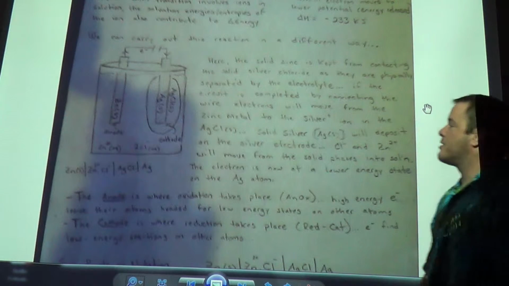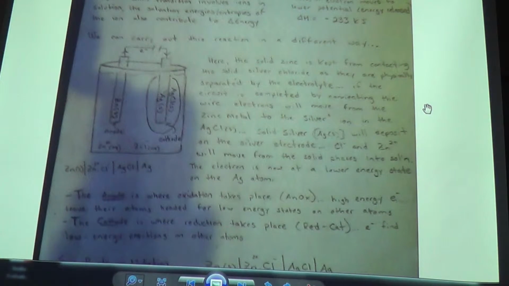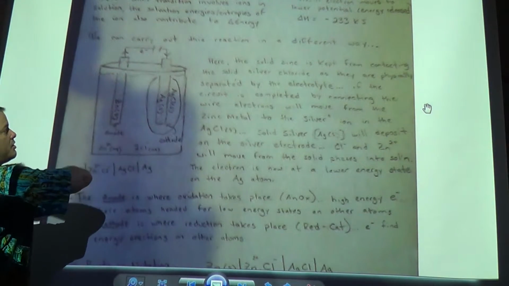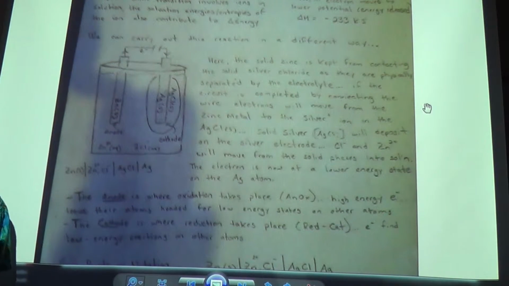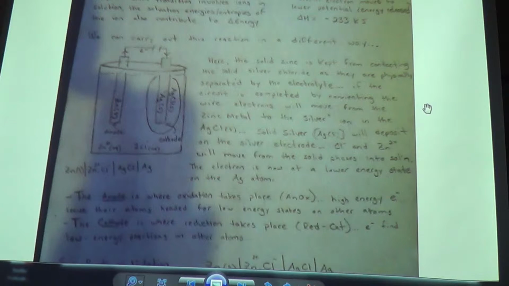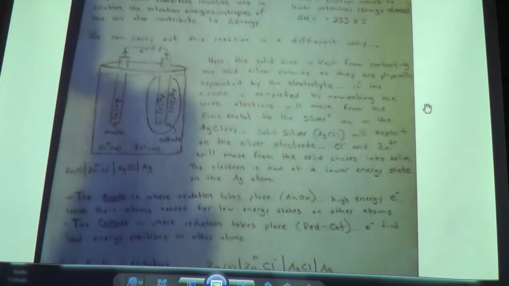So, looking back at this image that we had, we said that the zinc is going to be our negative electrode because relative to the silver over here, it's at a negative potential, right? The silver's at a high positive potential.